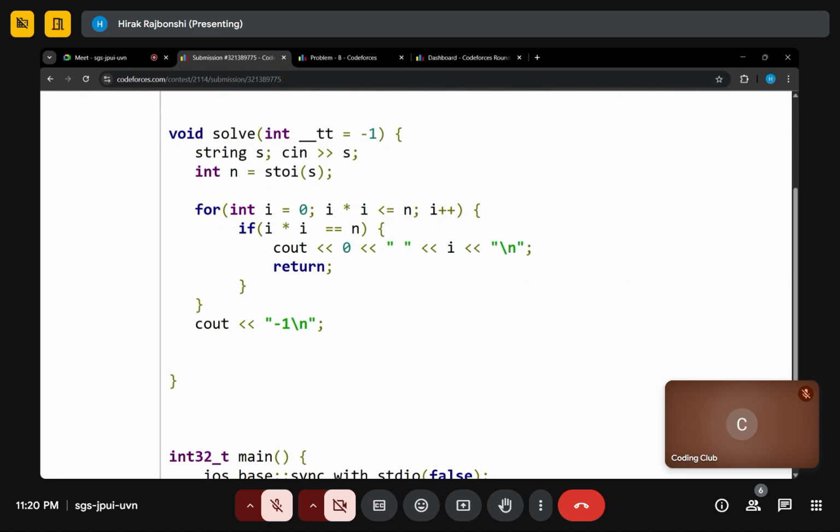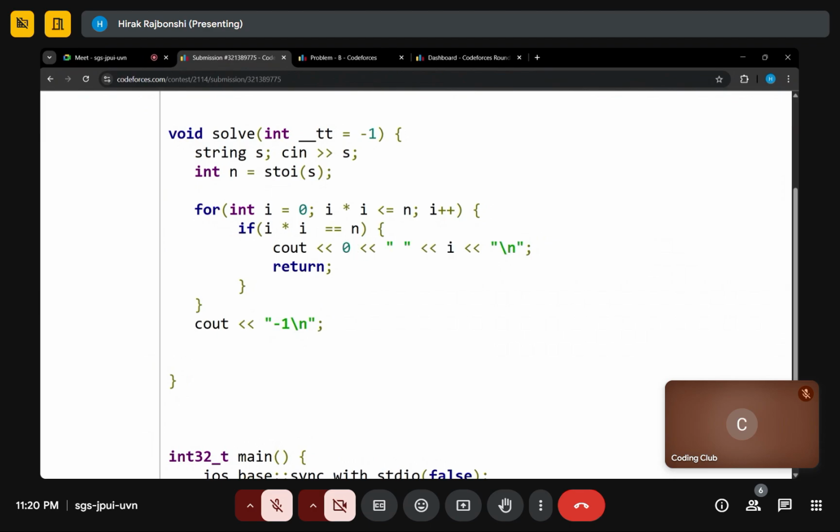Then I run a loop from 0 to root n and check if for any integer I between 0 to root n, I square is equal to n. If yes, then we got the answer.